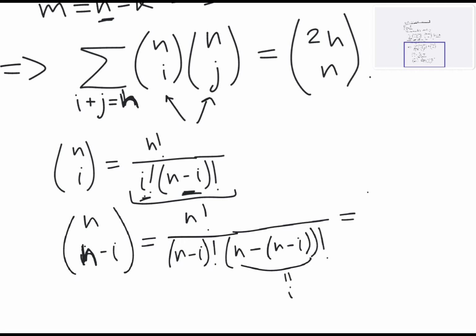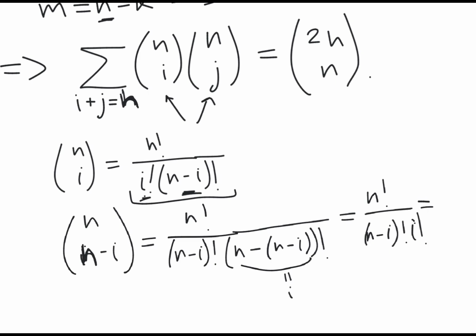So this whole expression is equal to n factorial over n minus i factorial times i factorial, and this is exactly equal to the binomial coefficient n choose i.